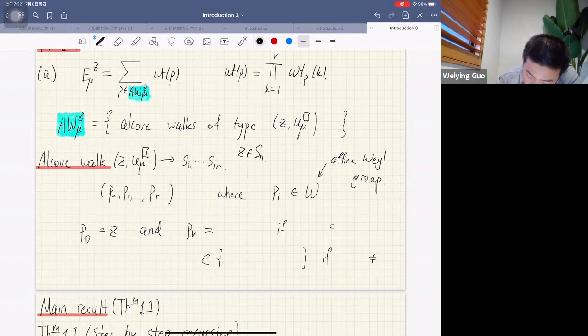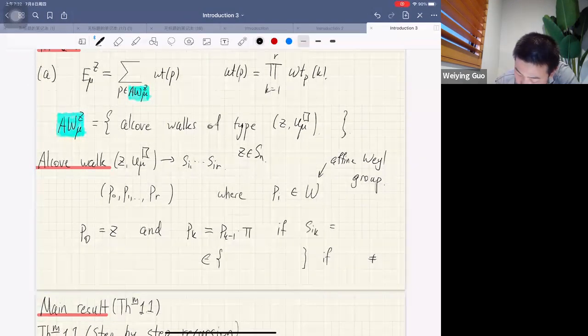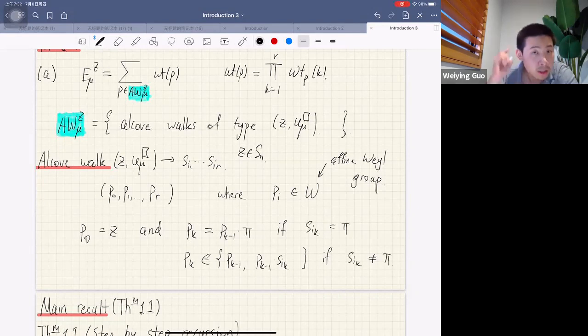Then we require P_k to be P_{k-1} times pi if s_{ik} is equal to pi, and P_k is inside of P_{k-1}, P_{k-1} times s_{ik}, if s_{ik} is not equal to pi. So basically there are consecutive steps of walks, whether it's either a crossing or a fold, or some pi, which is some diagonal walk.